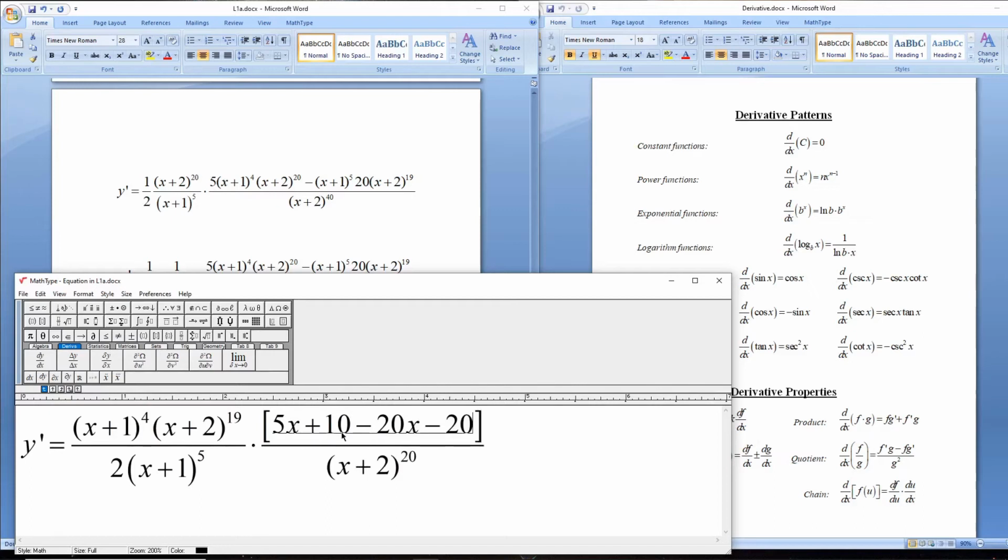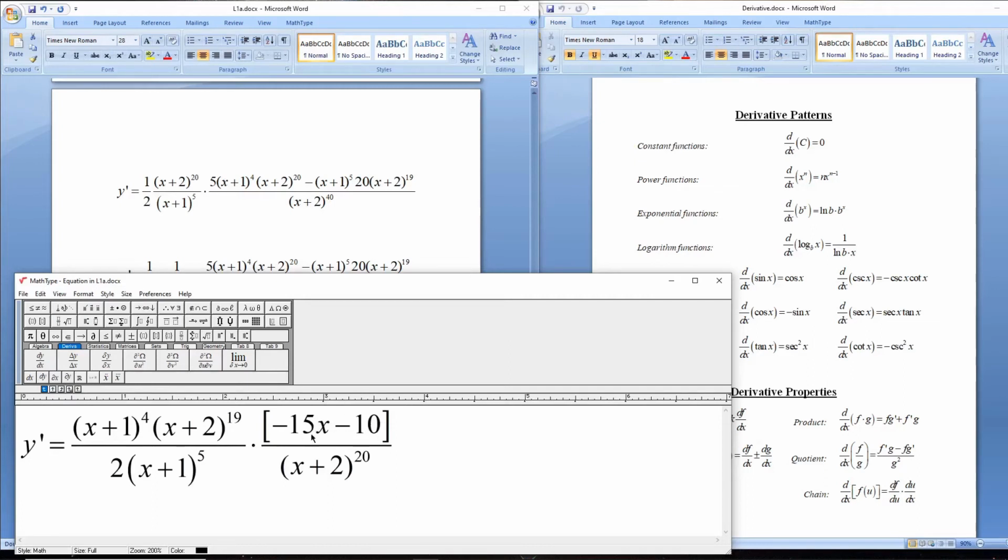And we'd have 5x minus 20x gets us a minus 15x, and 10 minus 20 gets us a minus 10. Which reveals another greatest common factor here of 5.